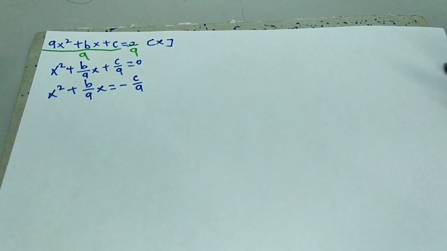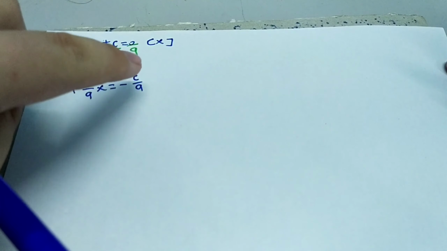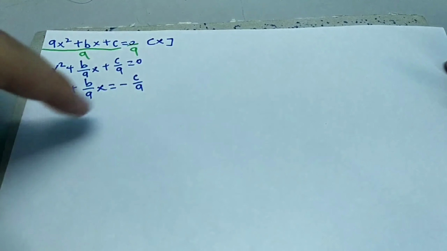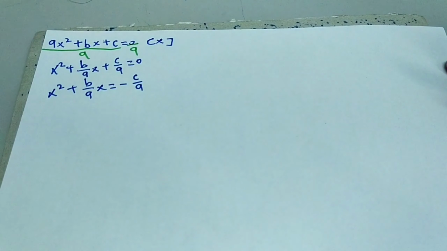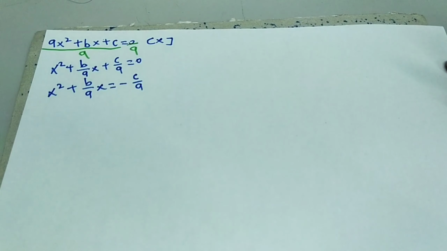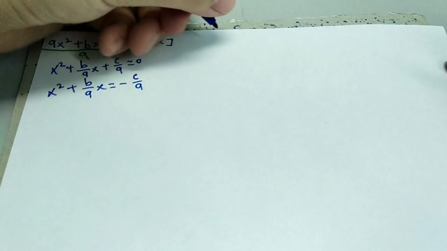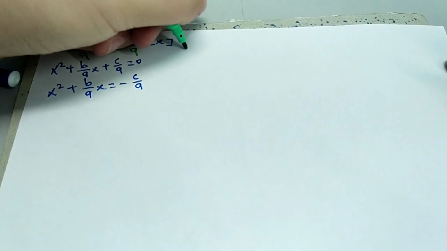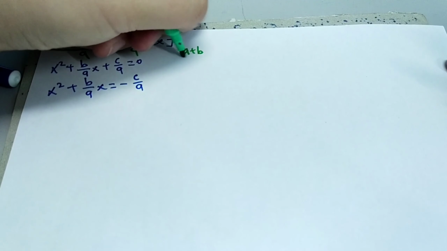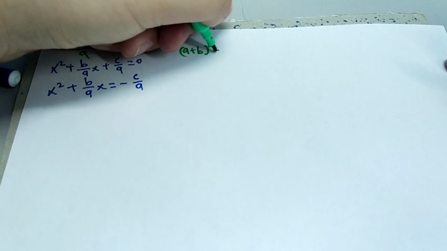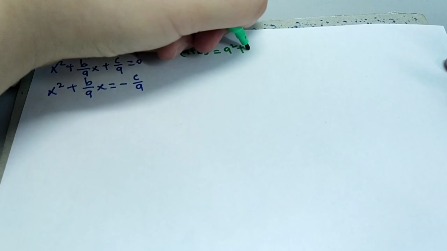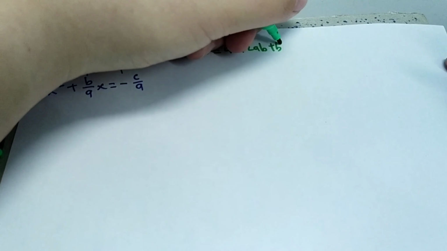And then what we're going to do is add a constant such that after we add it, this side filled with the x squared and x and the constant will become a perfect square. So in order to do that, we are going to use this famous algebra equation, which is (a plus b) square is equal to a square plus 2ab plus b square.